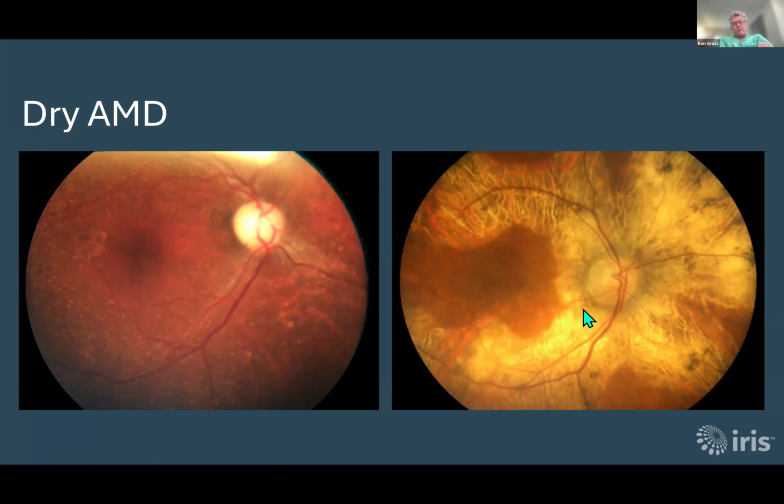That part only from about the middle to 9 o'clock is the only part of the retina that remains. Everything else is totally atrophic, does not work. Again, there are vitamins that people can take that have shown a little bit of effect in minimizing this.